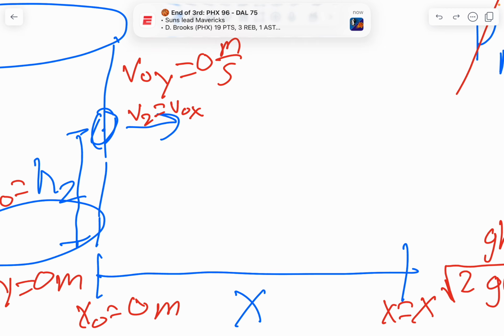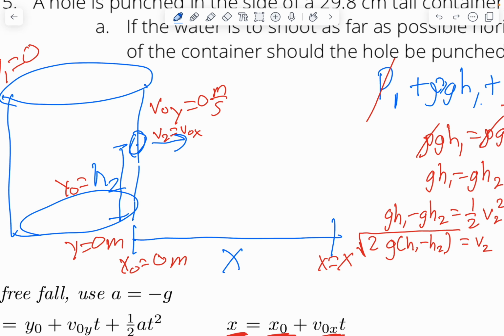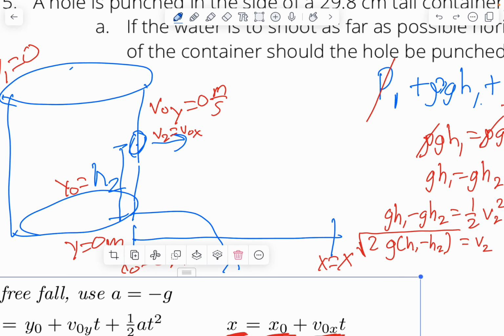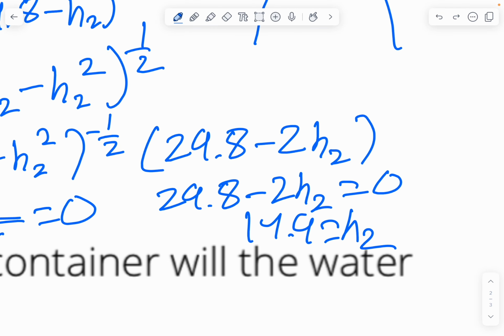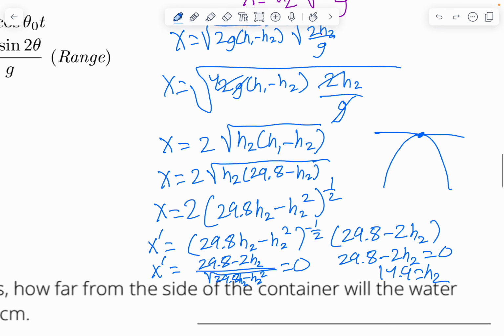Because we have to balance: if it's lower, the velocity will go higher, because there's more pressure above it to push it down. But if it's lower, we hit the ground faster. So halfway is a mix between high velocity versus high enough height so we stay above the ground. So that 14.9 centimeters is a reasonable answer.